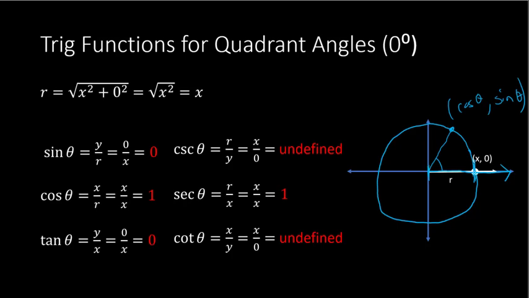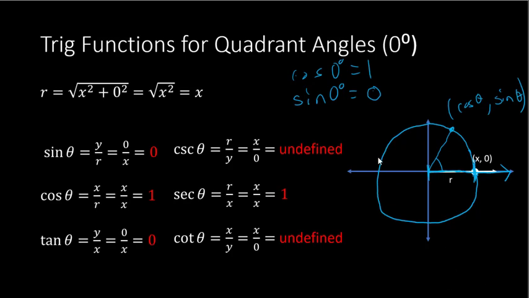It's got a length of 1, right? That's your x value. So the cosine of 0 degrees is equal to 1. It's the length of that x value. Whereas the sine of 0 degrees is the y value. Notice it does not go up at all, right? It's right there on that line. Sine of 0 degrees, therefore, is 0. It's the y component of that ordered pair.